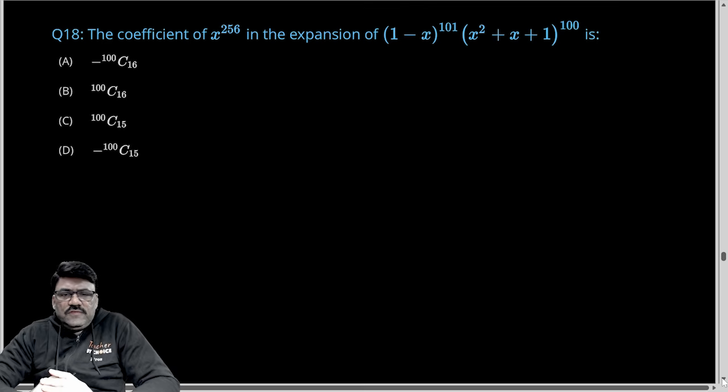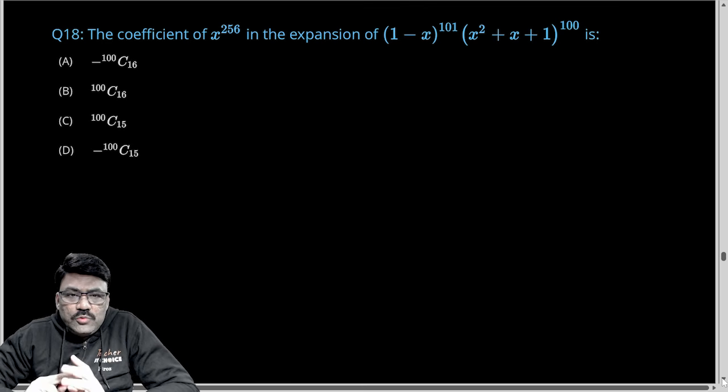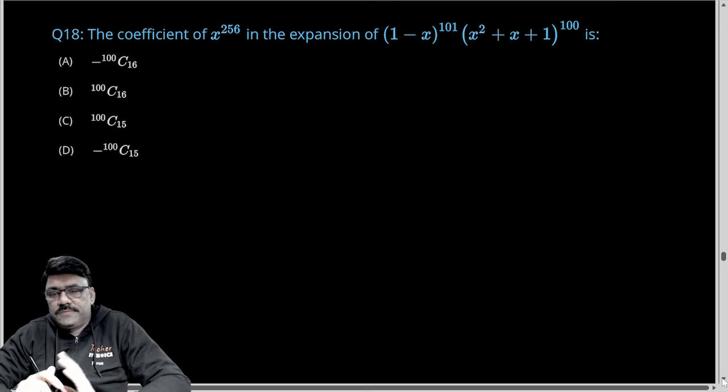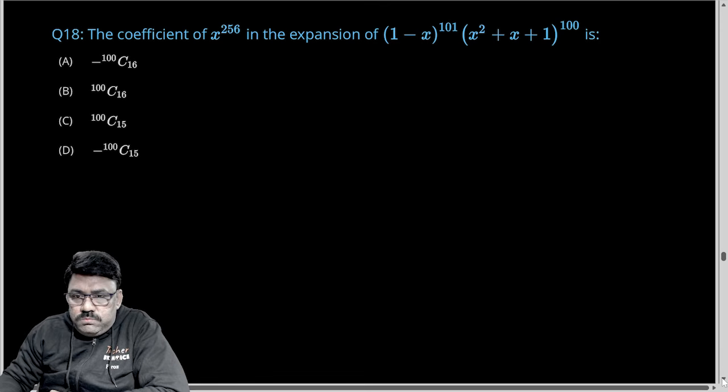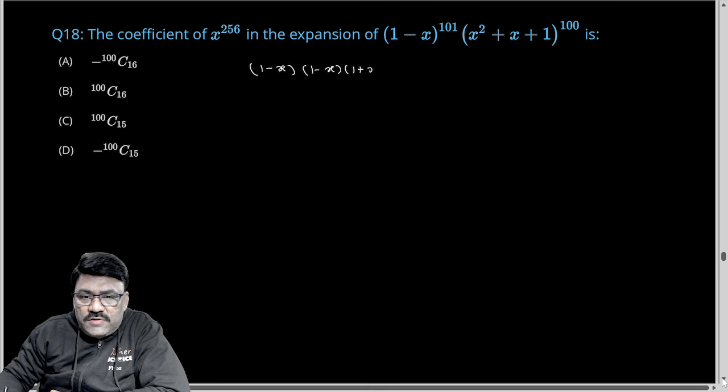Okay, see this question. This is from binomial, and we need the coefficient of x raised to 256 in this expansion. So I can write this expansion as 1 minus x, then again 1 minus x, then 1 plus x square, and the whole raised to 100.